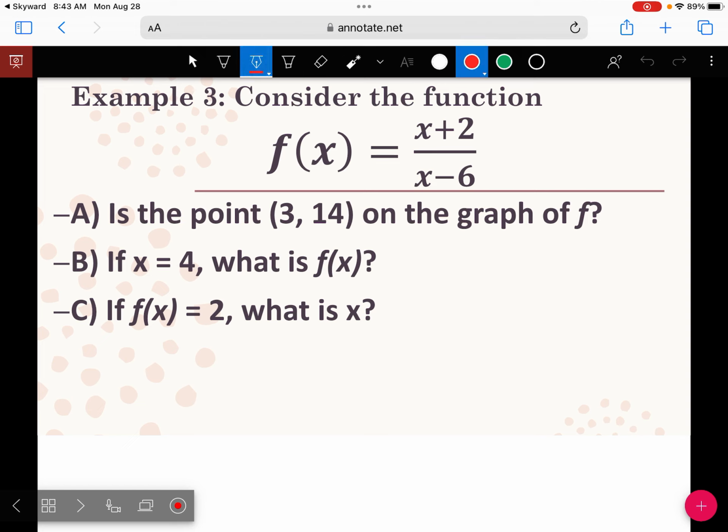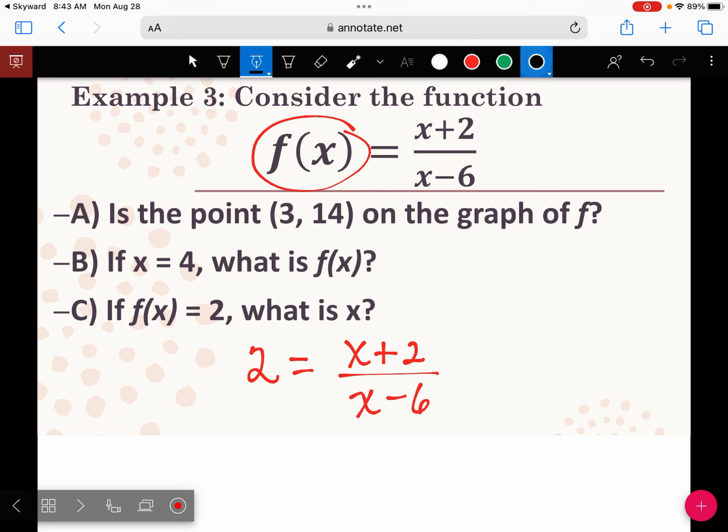So I'm going to put my 2 right here. So I want you to solve this equation: 2 equals (x plus 2) over (x minus 6). Go ahead and make this a proportion. Cross multiply and solve that.